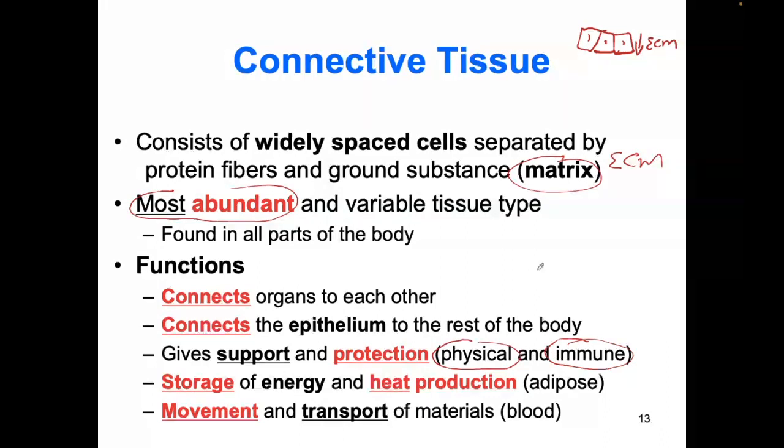That's because blood is connective tissue, it's just liquid connective tissue. Blood comes in two flavors: red blood cells and white blood cells. The red blood cells bring oxygen, they help oxygenate your tissues, but white blood cells are part of the immune system.